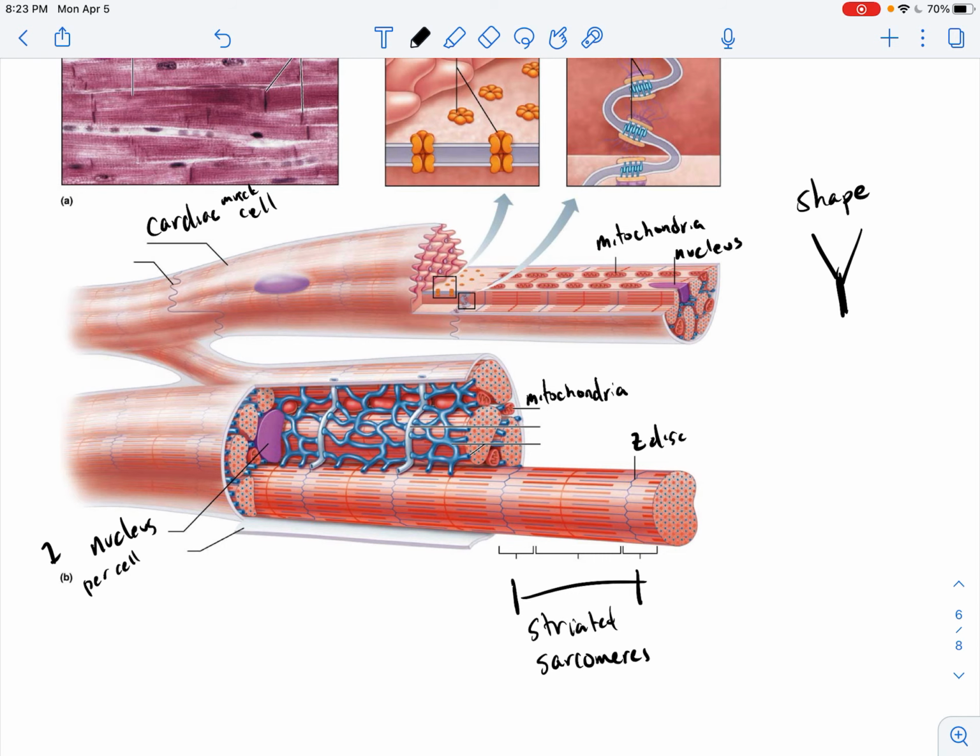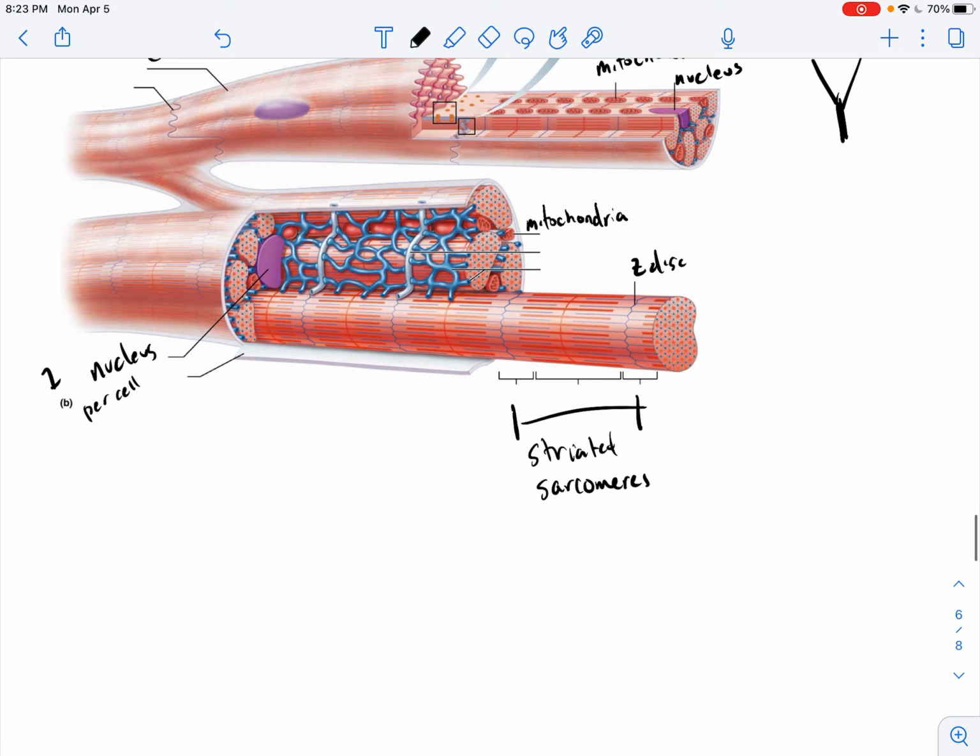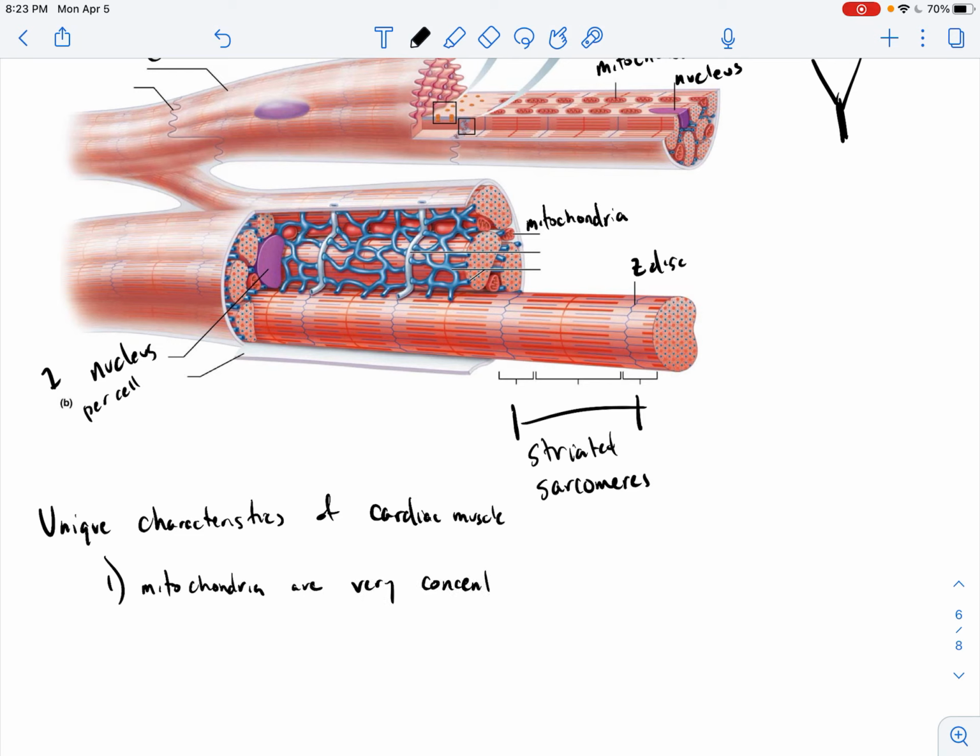So, when we look at unique characteristics of cardiac muscle, the very first one is that the mitochondria are very concentrated.